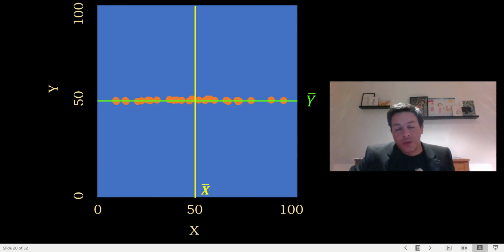And this is a special case in which we can predict perfectly for each value of x the value of y, but because all the values of y are at the mean of y, then the correlation is 0. So there is no correlation.